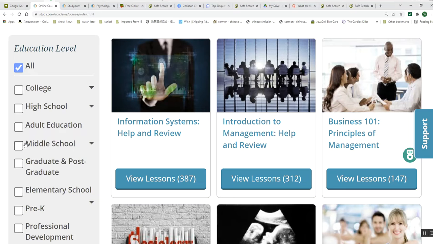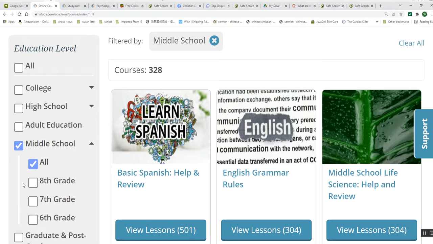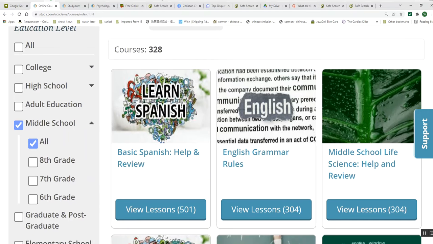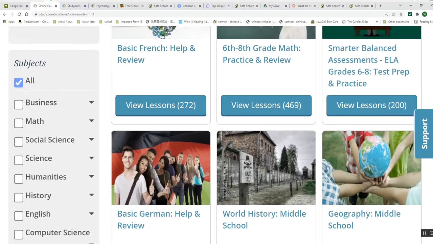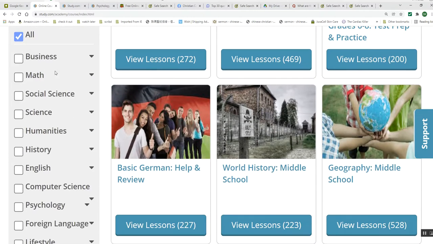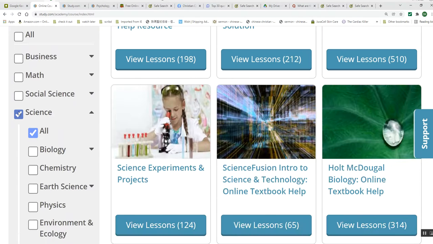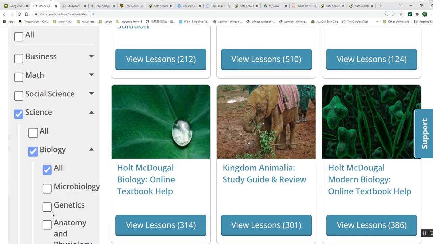If I select, let's say, middle school, then it goes from 6th to 8th grade. Then coming down, the next section is about subject. Let's say I want to do science, 6th grade science, and biology. I just leave it as biology.